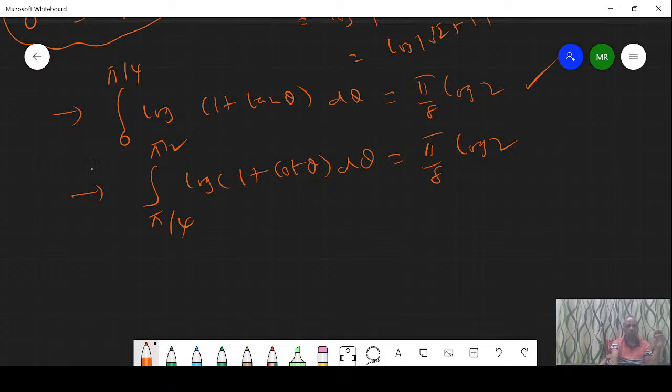Remember both; you can compare this one. In both cases the answer is pi by 8 log 2. These are the standard problems you can always remember.